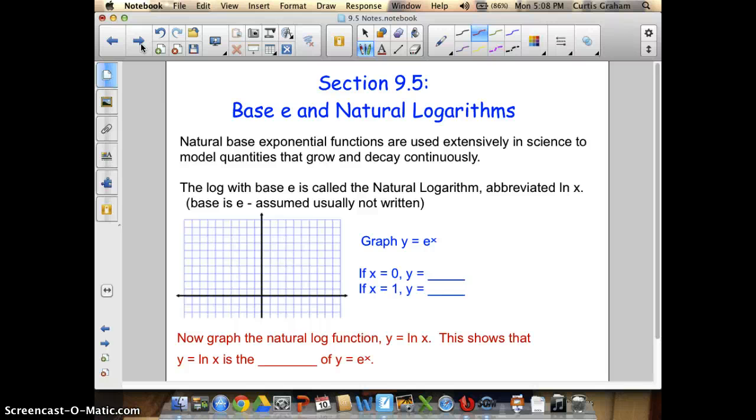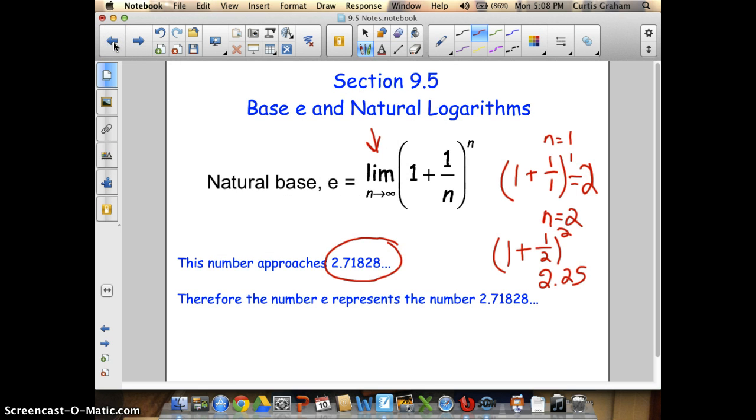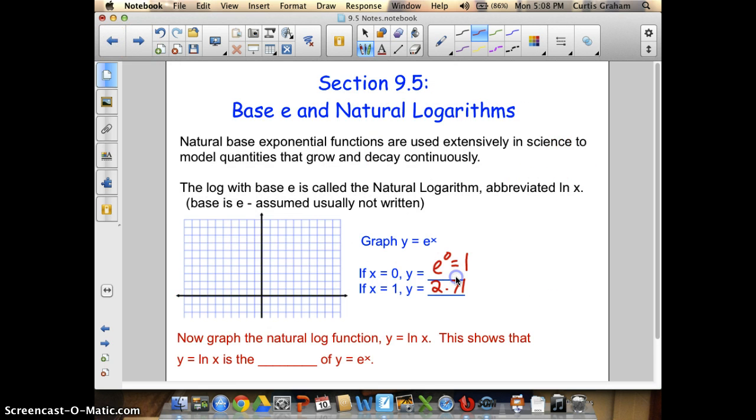If I plug in 0, I get e to the 0, which is 1. If I plug in 1, I get that fancy little number I had on the last page, 2.71828. So I'll put 2.72. At 0 it's 1.